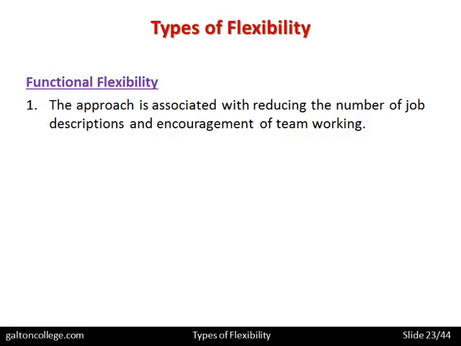The job description is vague because the worker can do several particular tasks. So the worker may not be uniquely employed for a particular machine or a particular process. The worker can do several things. So the number of job descriptions has been reduced.